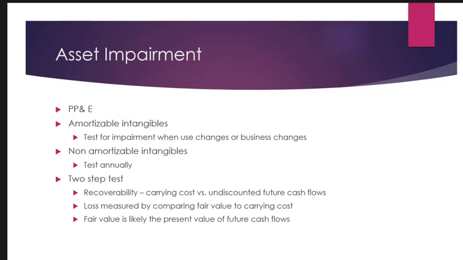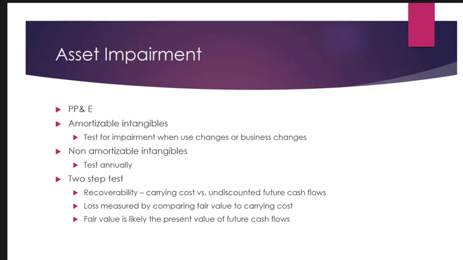If the undiscounted cash flows are less than the carrying cost, then we have an impairment. So the first step is a test just to see if it's impaired. Once we have determined that it is impaired, the impairment loss is measured by comparing our fair value to the carrying cost. Now we have to calculate fair value.